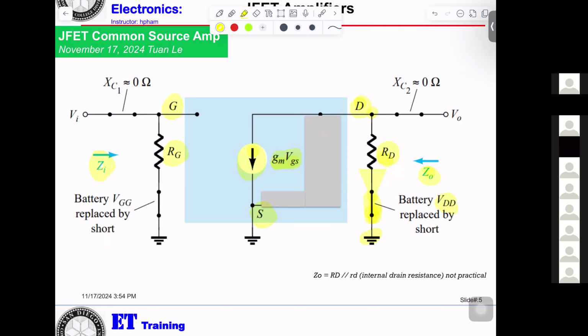RD? RD. Perfect. When you're looking from the output into the amplifier, you get RD. That's what we call output impedance. So this is more detail for the AC model of the common source amplifier. Any questions?